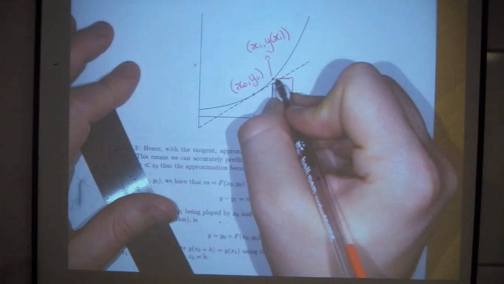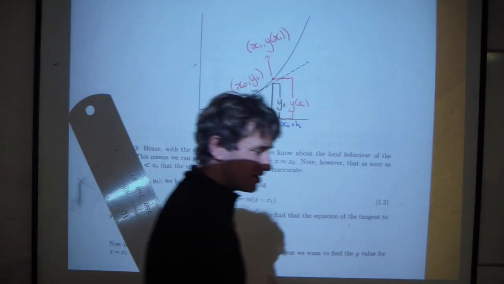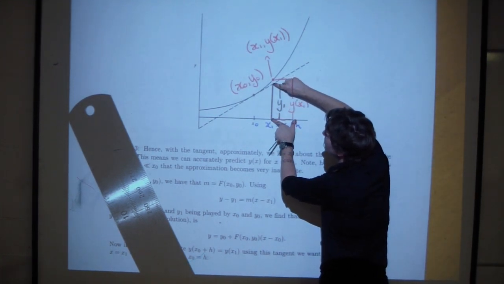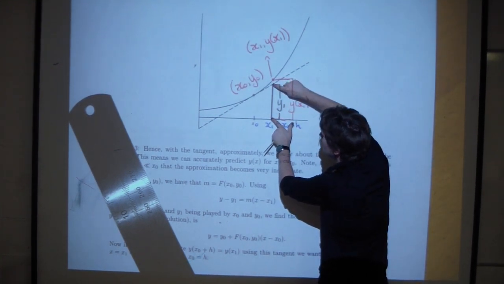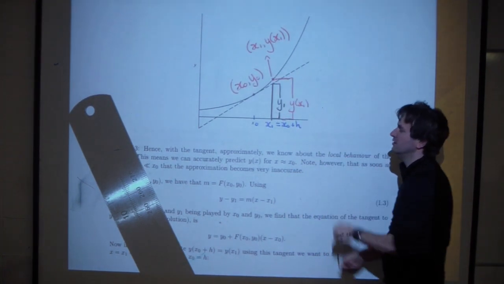Something like this. So it's not the greatest drawing of all time, but we're going to use the value of y according to the tangent to approximate the exact value of y, like so.